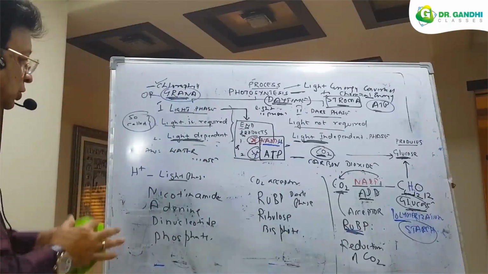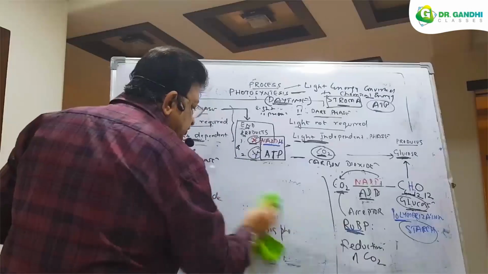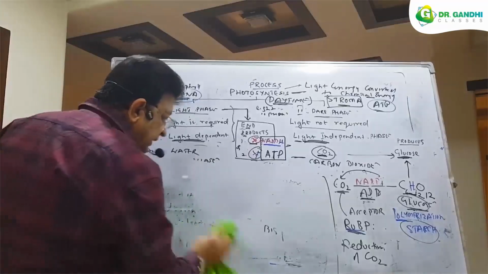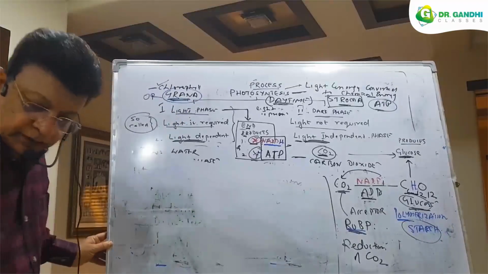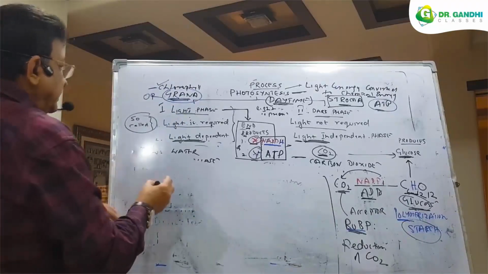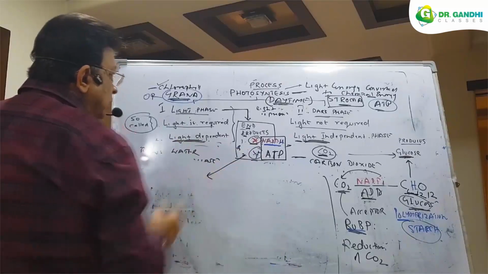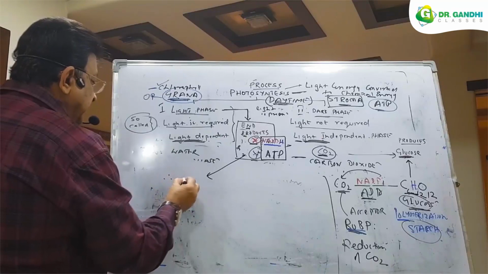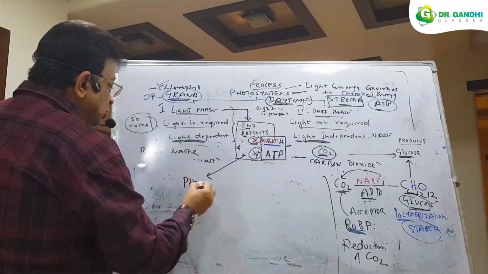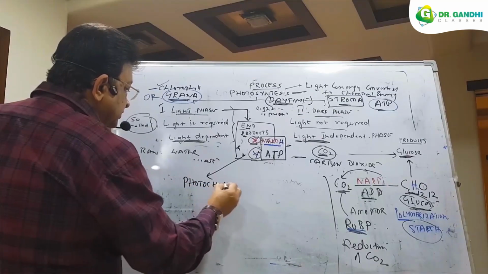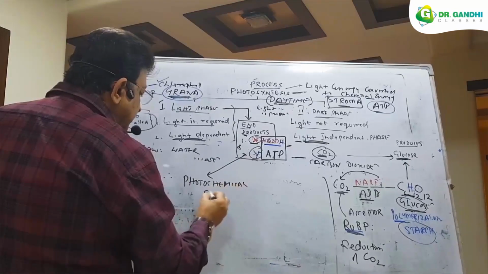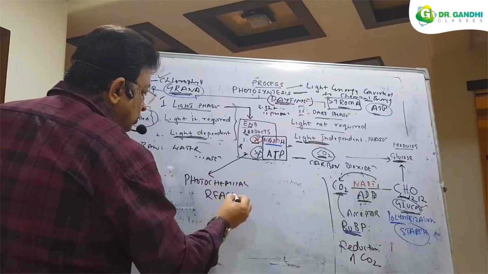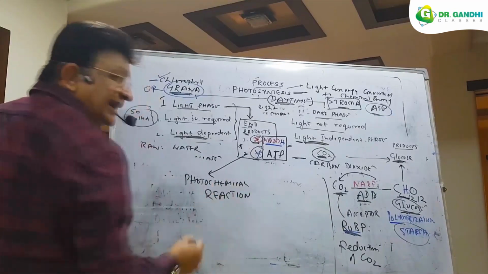We now go to some other terms which are associated with light phase and dark phase. You can see at the end of light phase, two chemicals are produced, NADPH and ATP, therefore called photochemical reaction. So another term for light phase is photochemical reaction.